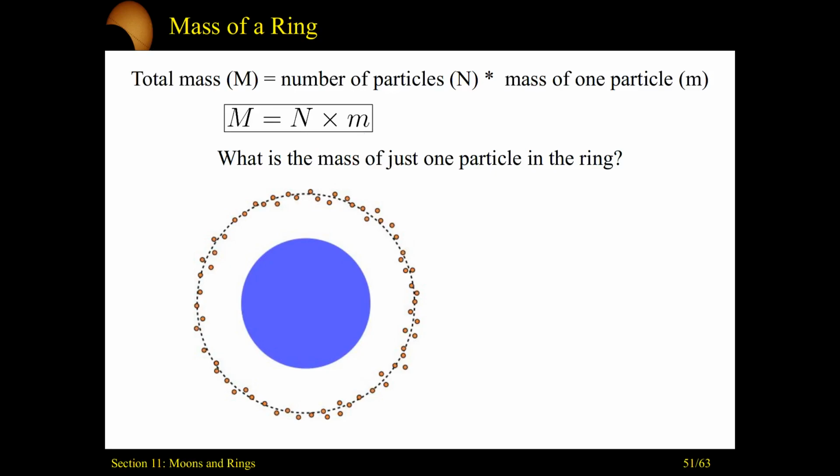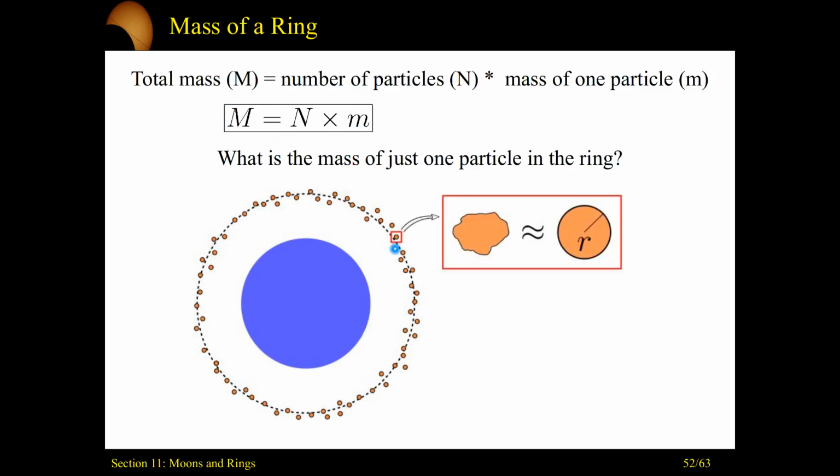So now I have to ask, what's the mass of just one particle in this ring? Well, we're going to table this expression off to the side and zoom in. We'll focus on one particle. Now, in reality, these particles are going to have weird oblong shapes, random scratches of rock or ice with different chips in there.